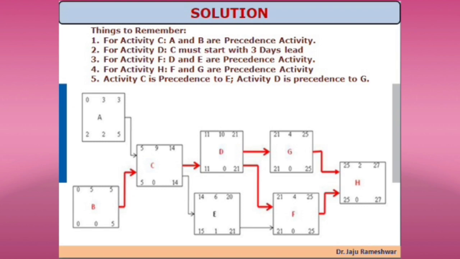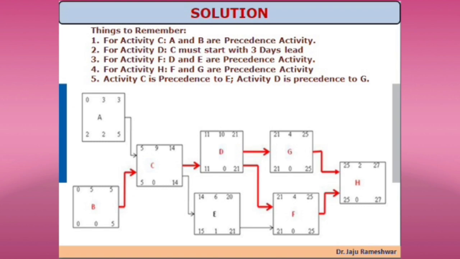For activity E, early start is 14, duration is 6, and hence early finish is 20 days. Here we could have 1 day of float, because activity D is completed at 21, and activity F requires completion of both D and E. So for F, early start is 21, duration is 4, and early finish is 25.